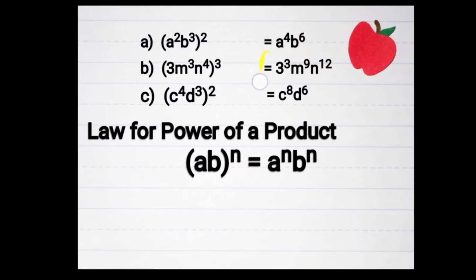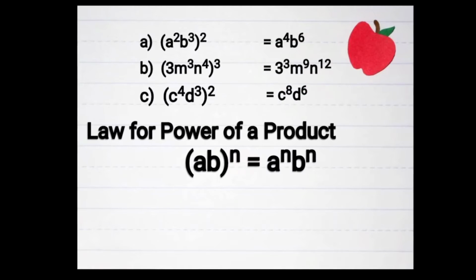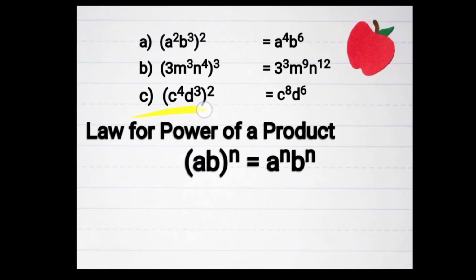This will be our answer, but for the final answer you have to simplify 3 cube, and that is 27. So 27 m raised to the 9th power times n raised to 12 power. Then for letter C, let's do the same process.